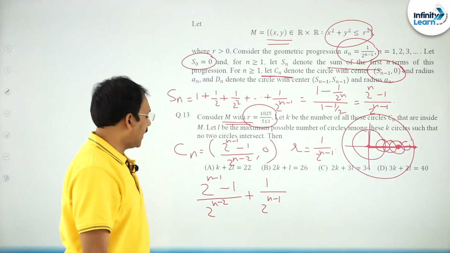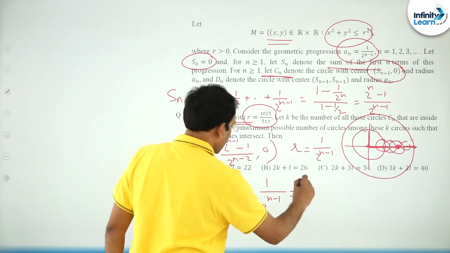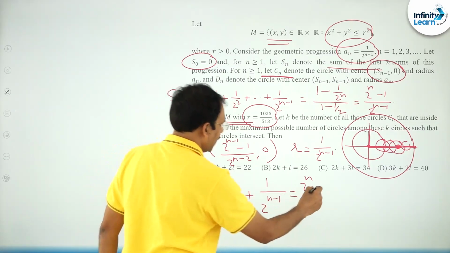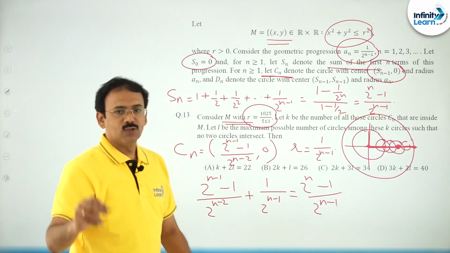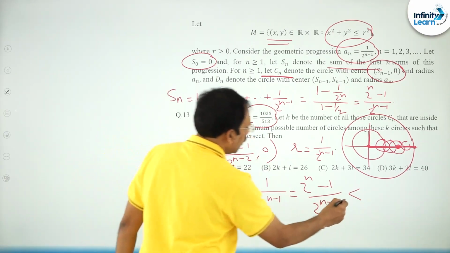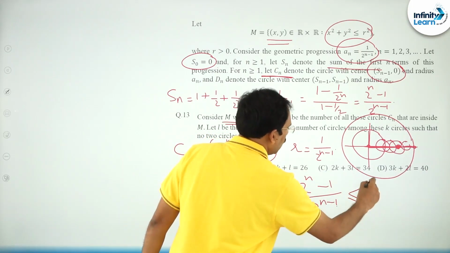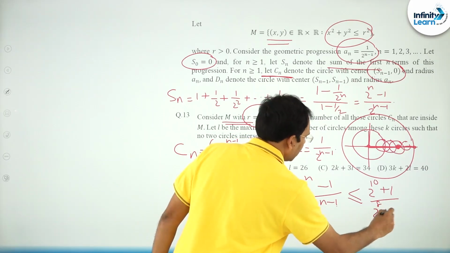Friends, if you simplify, this is 2 minus 1 by 2 power n minus 1. This must be less than or equal to 1025 by 512, which is 2 power 10 plus 1 by 2 power 8, that is, 2 power 8 plus 1.